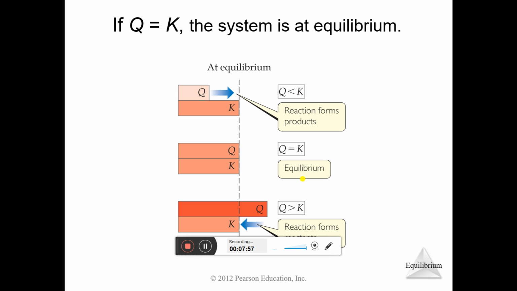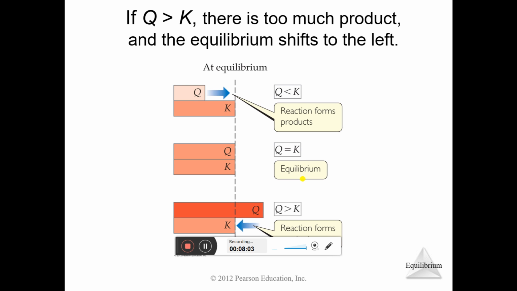So if Q equals K, then the system is at equilibrium. All right. If Q is greater than K, there is too much product, and therefore the reaction will shift to the left, back to the reactant side.